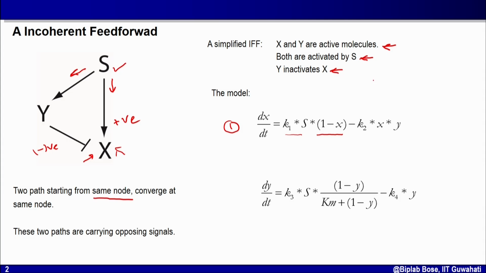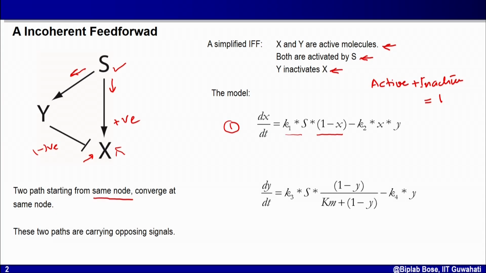So I have active x plus inactive x, and the total is equal to 1. So you can consider x as the fraction of total x which is active. The same thing I have considered for y also. So 1 minus x is inactive x. S is the input signal.